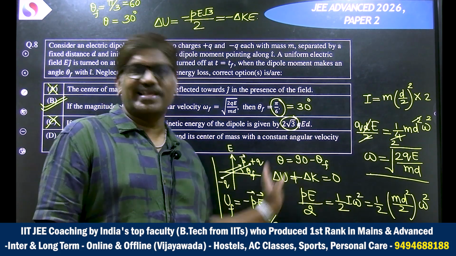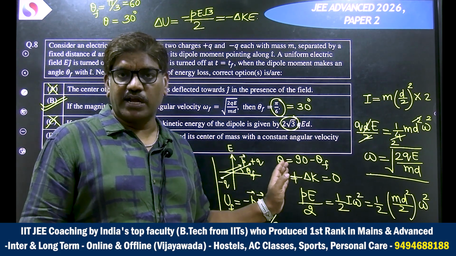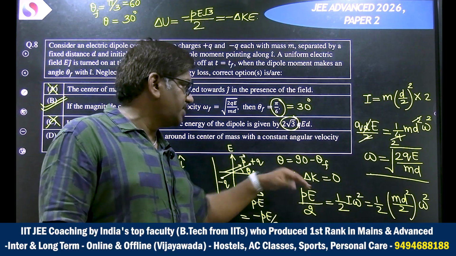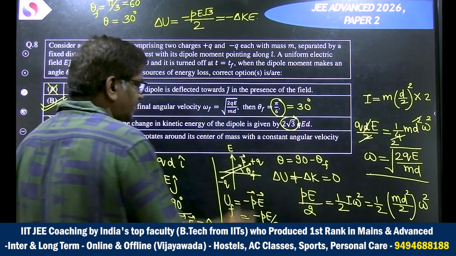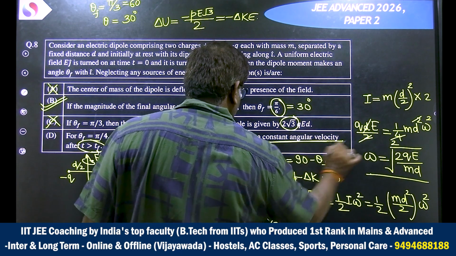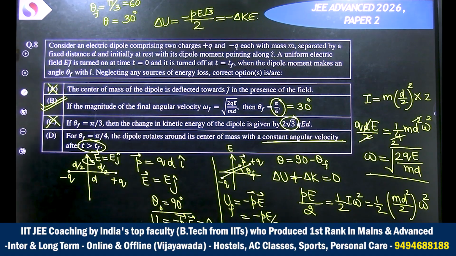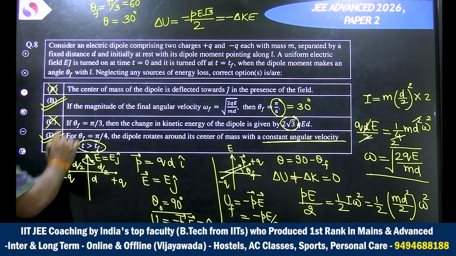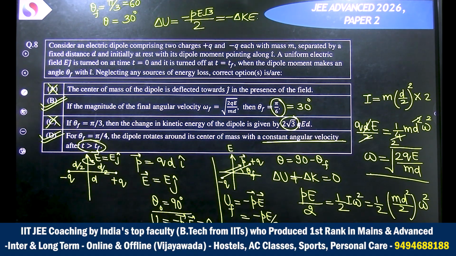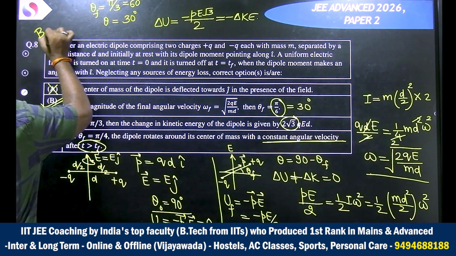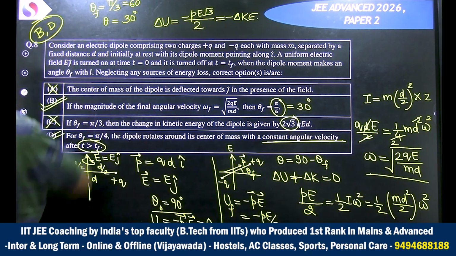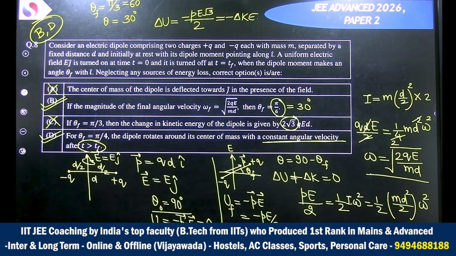So it will maintain whatever omega it got by gaining kinetic energy, and its angular velocity becomes constant thereafter. That's why option D is also correct. So for this question, we are going with options B and D.